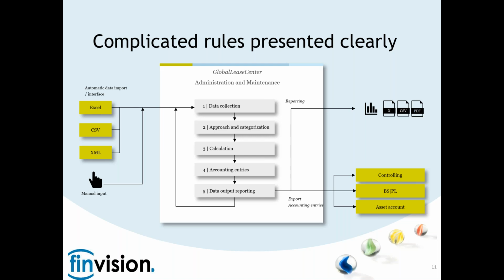The system does the calculation and proposes your accounting entries, and then you have your data output. Data output can again be in different formats. Mostly used will be Excel.